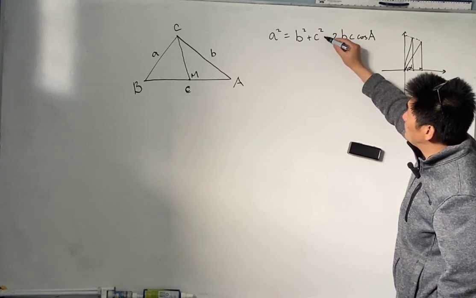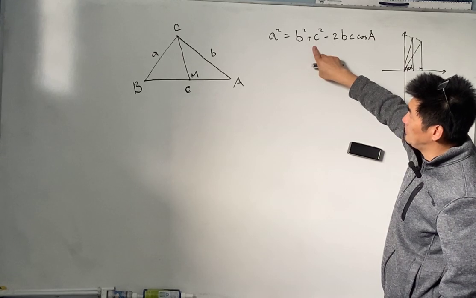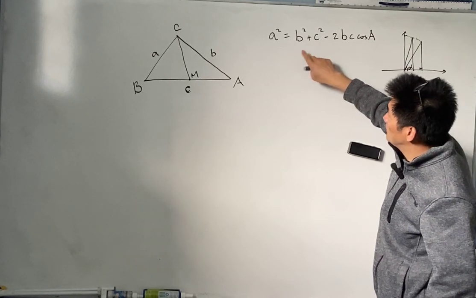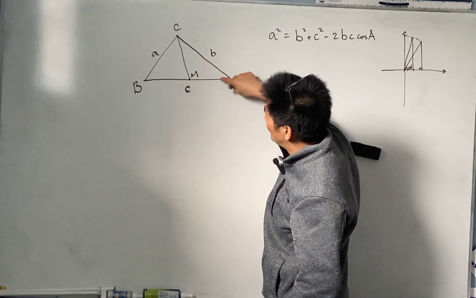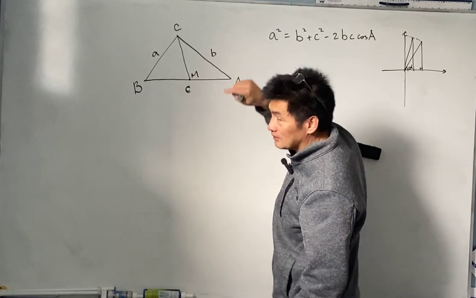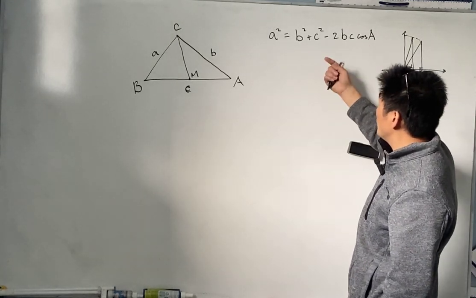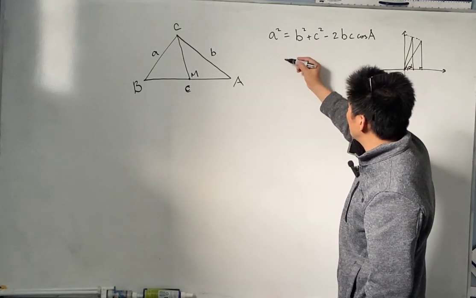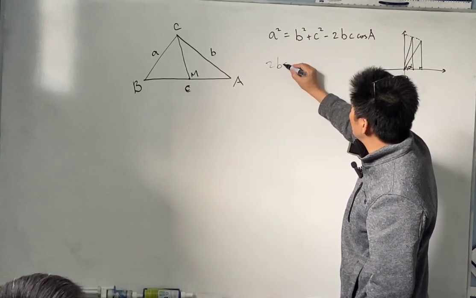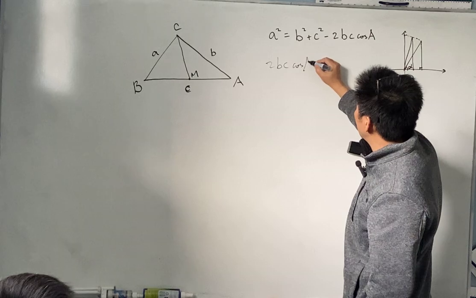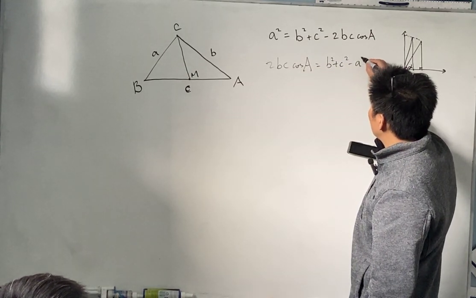So this part would disappear, and then we have a squared equals b squared plus c squared. That's when this is 90 degrees. That's a special case. If you really want to know what that angle is, we can rearrange this. If you move this over to this side, you get 2bc cosine A equals b squared plus c squared minus a squared.